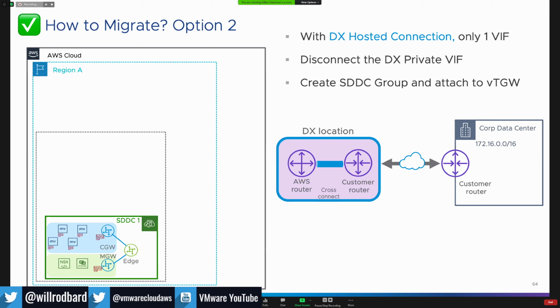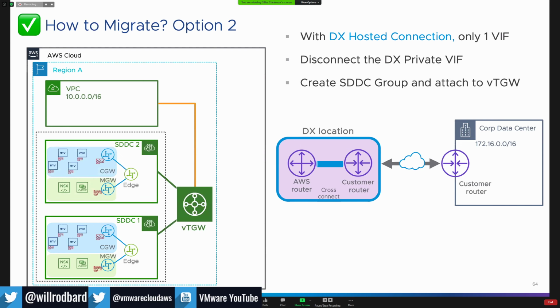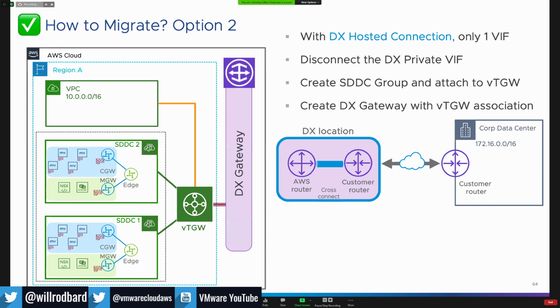And then I can create my group and my transit gateway and my direct connect gateway. And now I can use a transit VIF instead of the private VIF I had, because I have only 1 VIF on a hosted connection. So I need to choose private, public, or transit. And if I connect to a transit gateway, I need a transit VIF. Done.